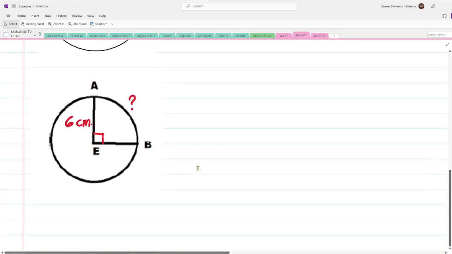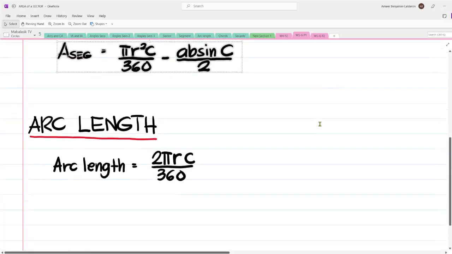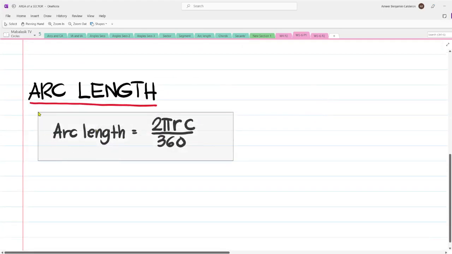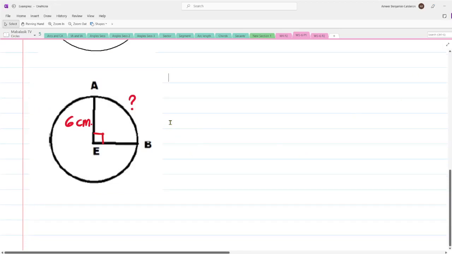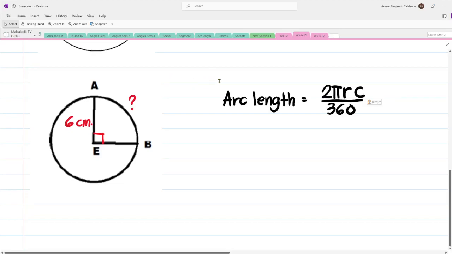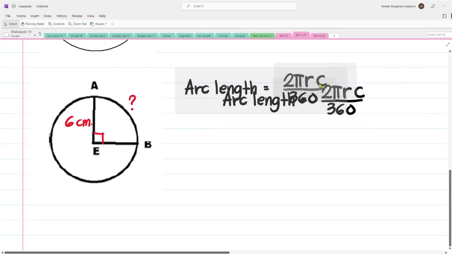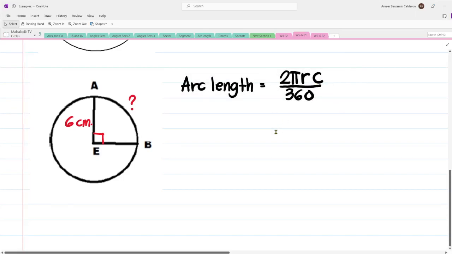This is obviously looking for the measurement of that arc. But we are given the measurement of the central angle and the measurement of the radius. So therefore, this requires us to calculate the arc length. So paste the formula, arc length. And then let us substitute our given data.